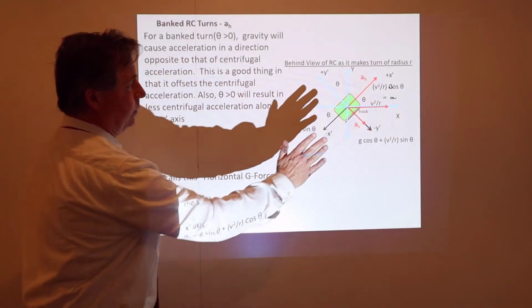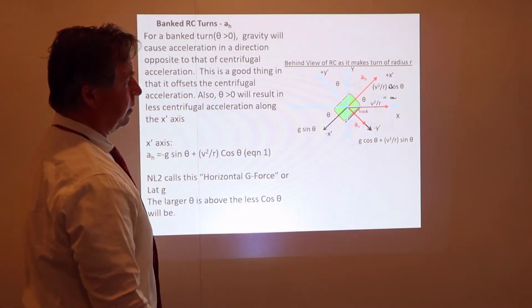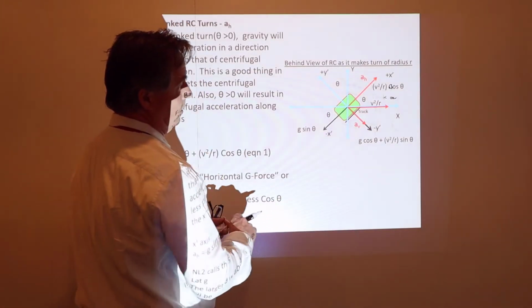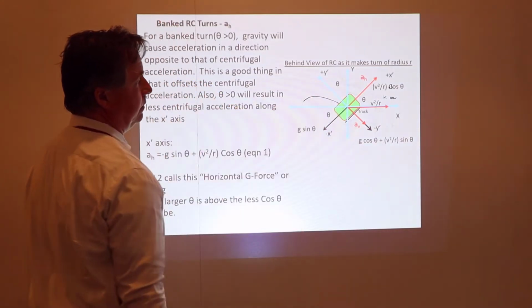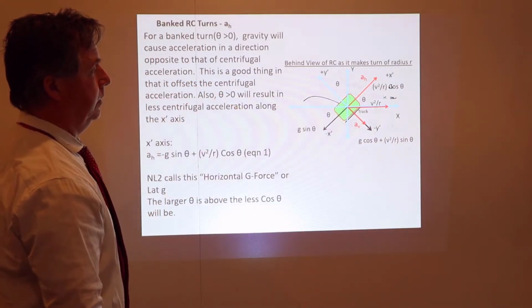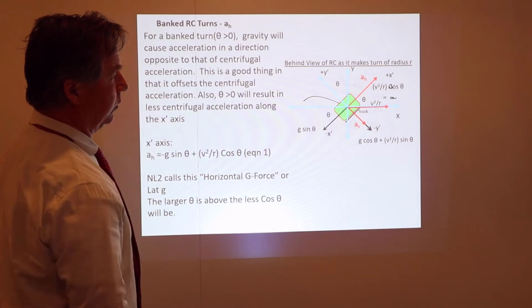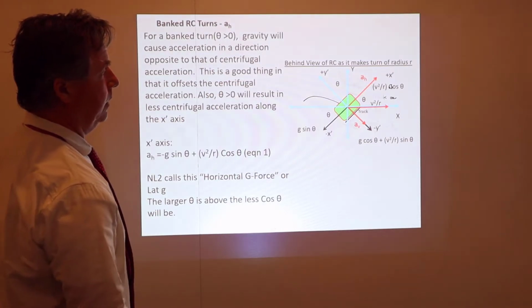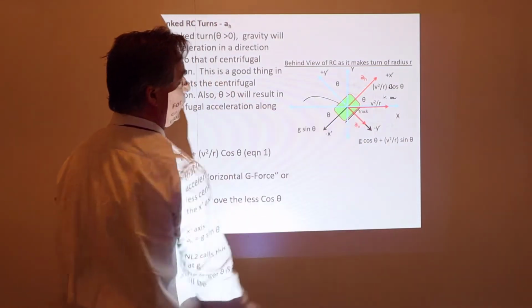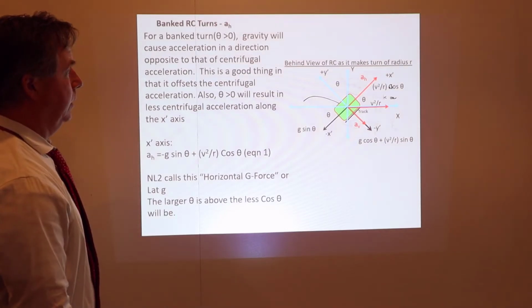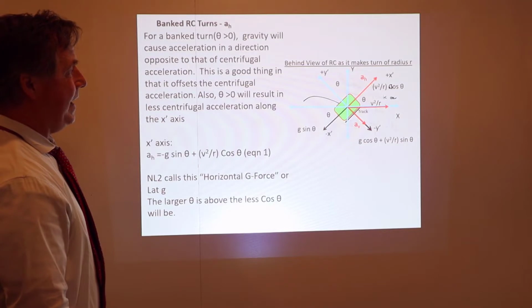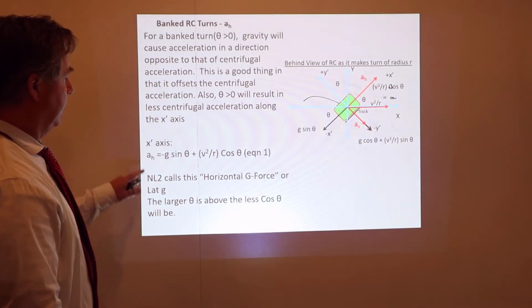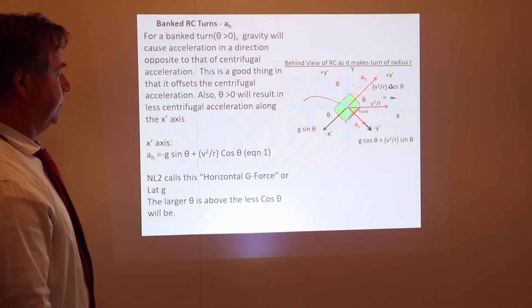Okay, so this is a roller coaster car making a banked turn in this direction. We're looking at the rear of the roller coaster car. The banking angle is the Greek symbol theta. So why is this a more comfortable turn than a non-banked turn? Well, this equation tells us.